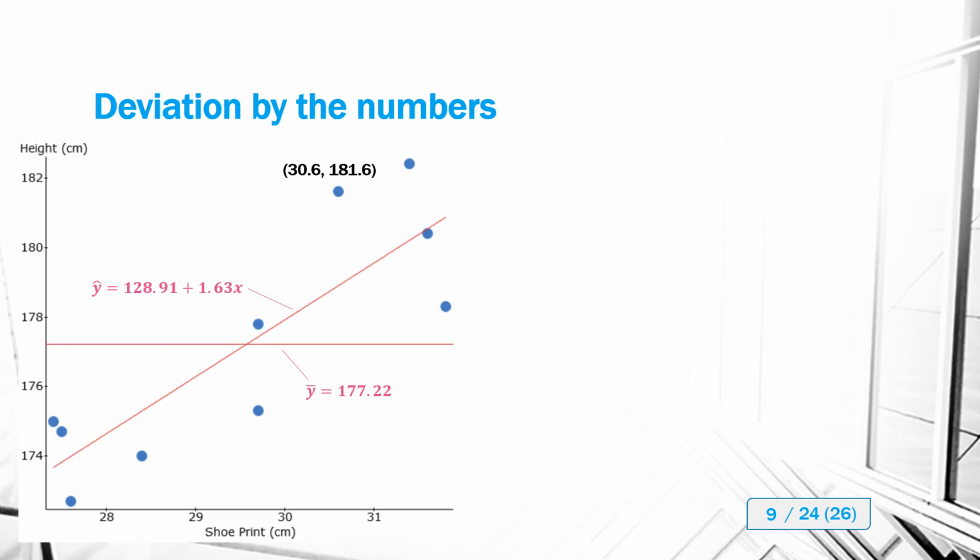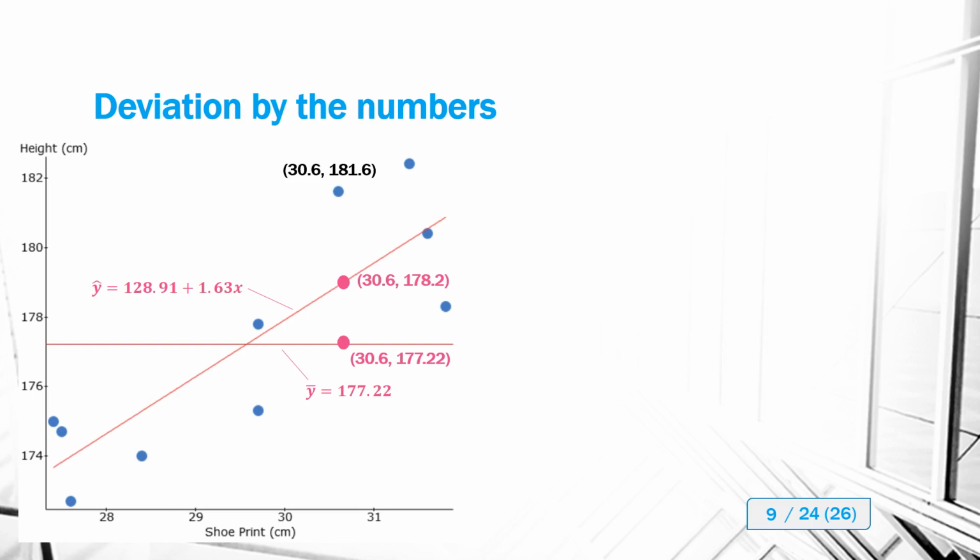So if I imagine going vertically down, the corresponding point on the regression line will be 30.6, 178.2. Okay, the X value stays the same because I'm just going vertically straight down. The Y value is going to change, and that Y value I get by putting the X value into my regression equation. I can go further and find the corresponding point on the mean line, 30.6, 177.2.